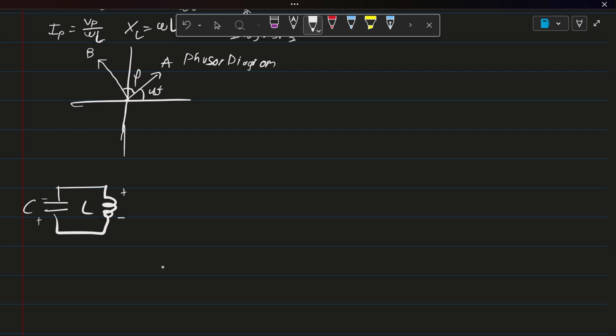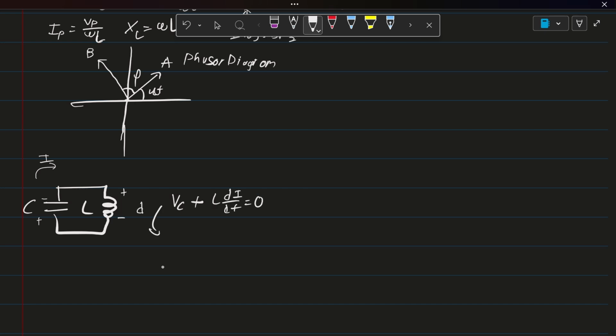We'll denote positive and negative, and let's say current is going in this direction, even though it's going back and forth. So what we get from Kirchhoff's law is that the voltage of C plus the voltage across the inductor, which is L dI over dt, equals 0.